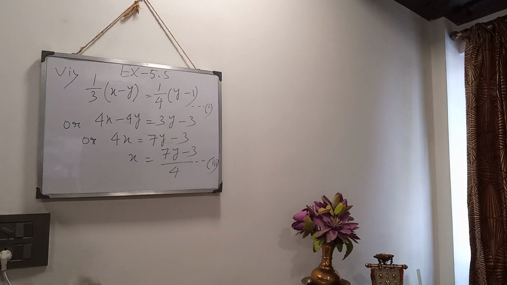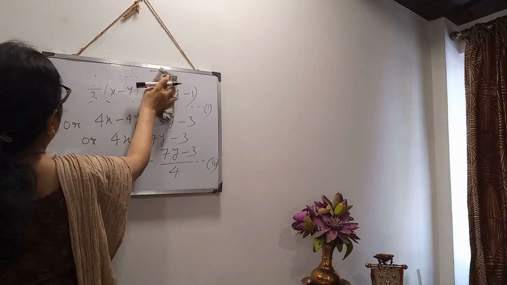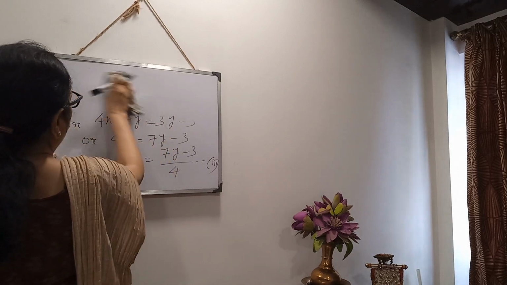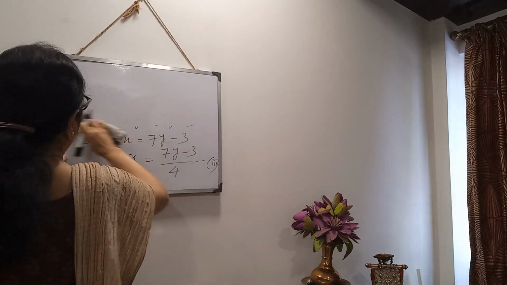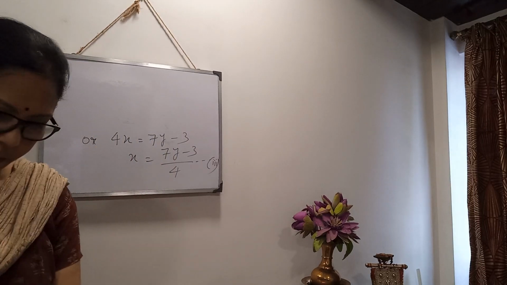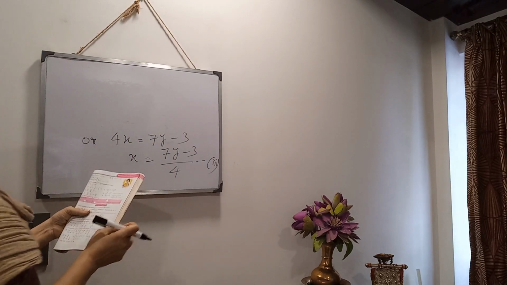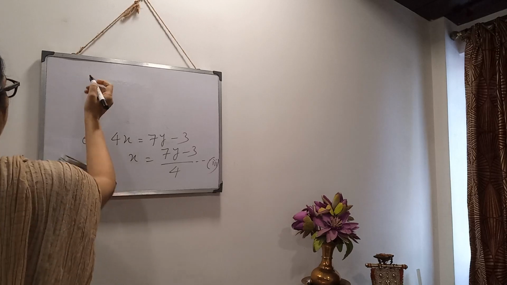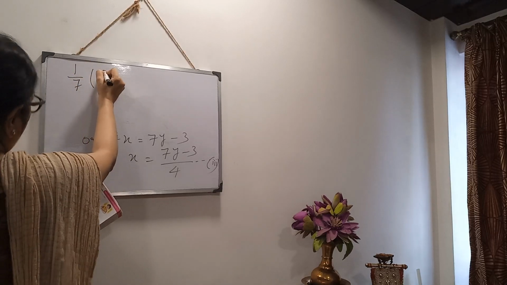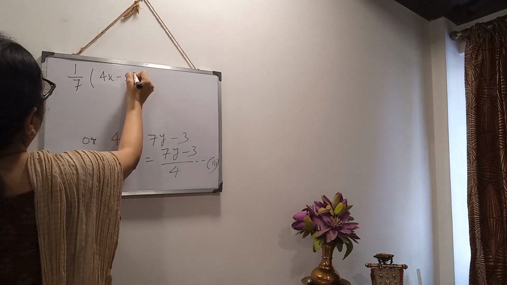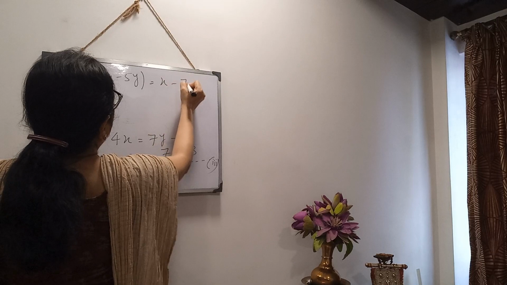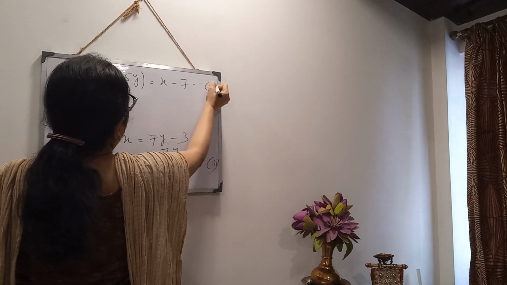Then equation number 2. Equation number 2 is 1 by 7 4x minus 5y equals to x minus 7.